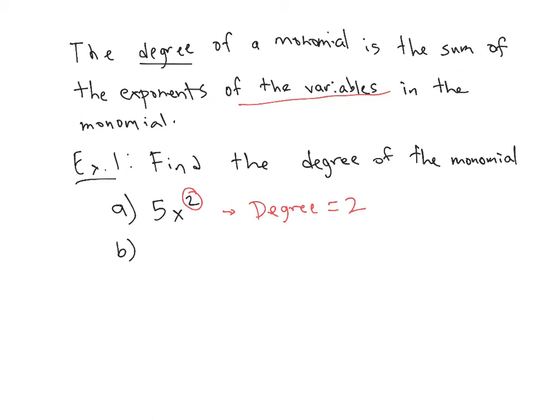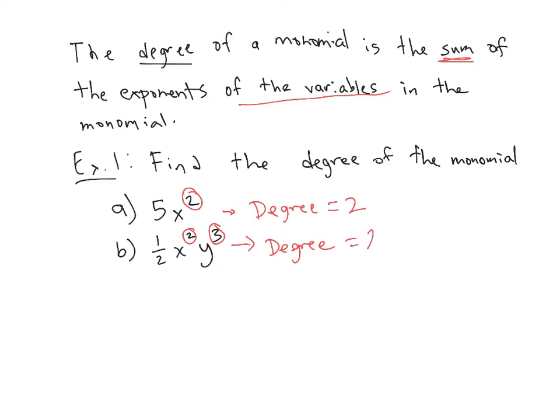The trickier ones are when you have more than one exponent. So say we have something like 1/2 x squared y to the third. So something like this, now I have 2 and I have a 3, right? So now when I'm doing the degree, it says sum, and sum here means add of the exponents of the variables.